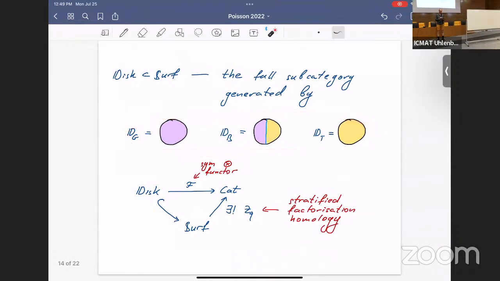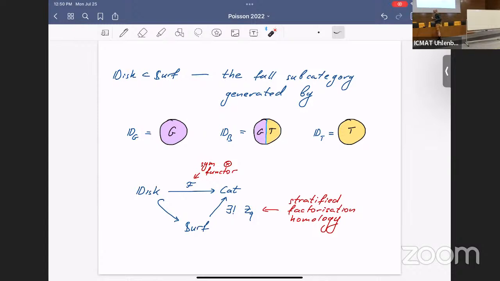So this is a disk fully colored by G, this is a G and T, and this is T. So this is a G disk, I'll call it DG. This is a T disk, I call it DT. And this is a B disk, which is the name for a picture with one wall, a G region and a T region. And then I consider these objects, and I can take their tensor products, so the disjoint unions, and I take the full subcategory of this thing.